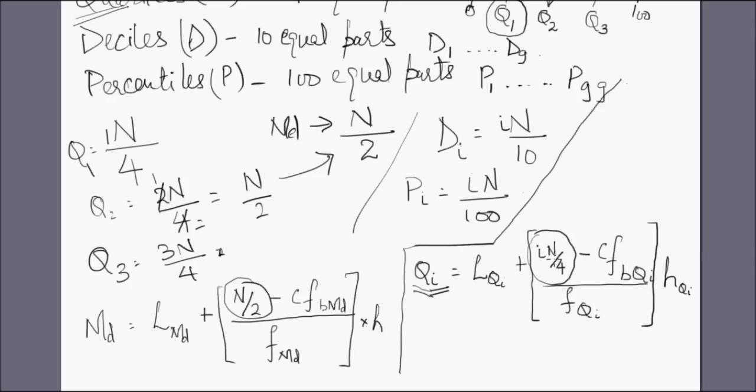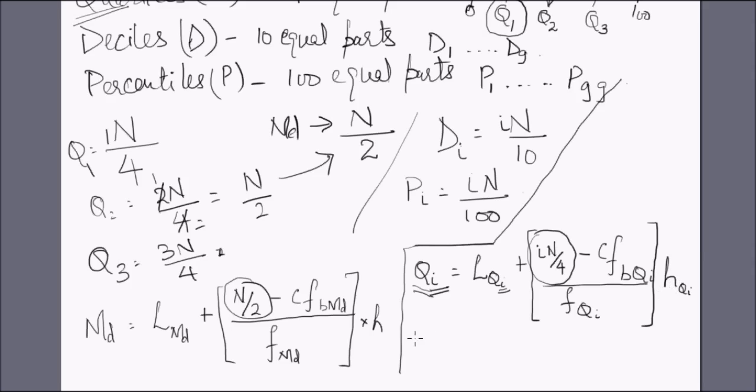Rest everything is the same. So it will be n by 4 and not n by 2, multiplied by the quartile measure which I am going to find, i, minus cumulative frequency before the quartile class, and then divided by frequency of the quartile class, multiplied by h, that is the width of the quartile class.